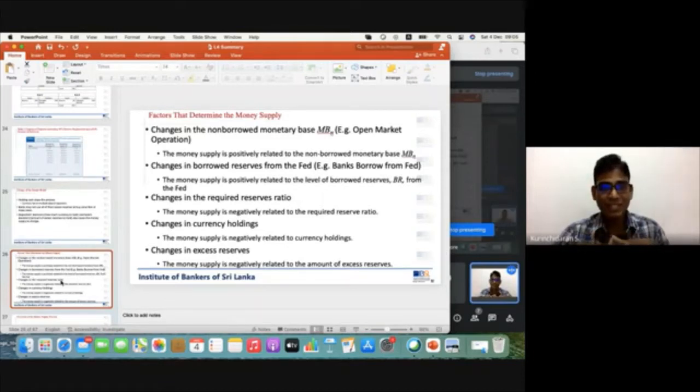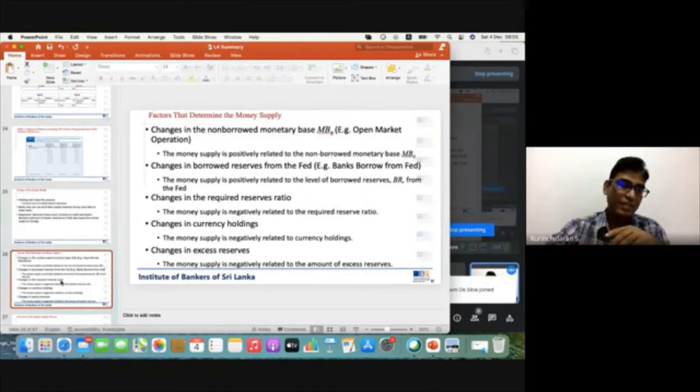That's what we discussed. If the public wants to hold more currency with them, the money supply changes. And then changes in the excess reserve. Even though the 10% is the requirement, the banks can have more than that. So if there are changes in excess reserves, the money supply changes.